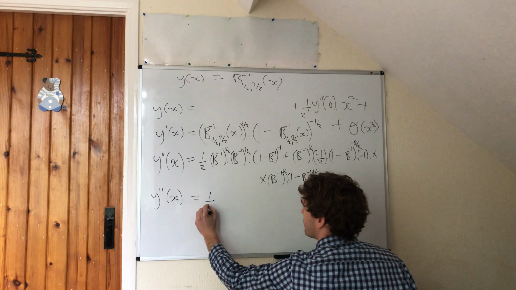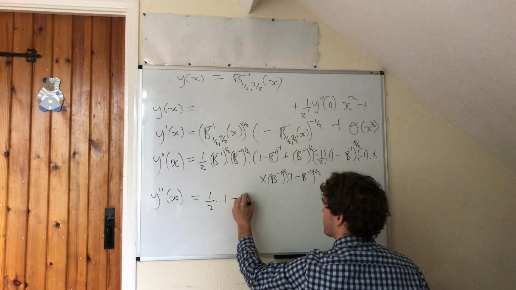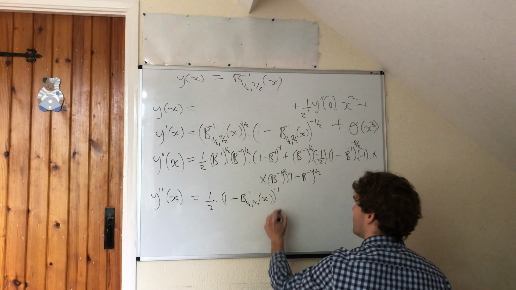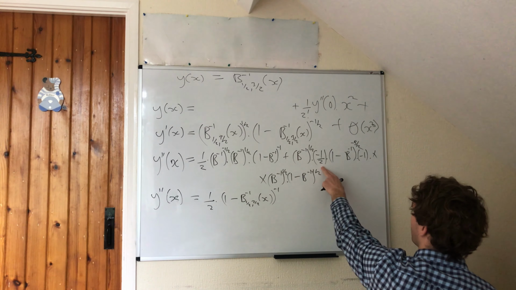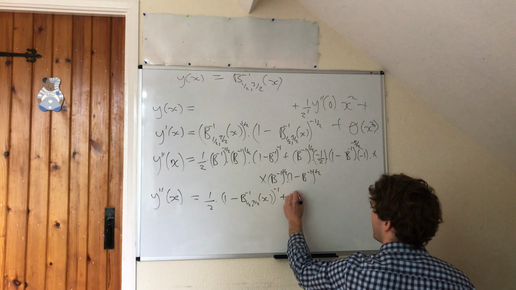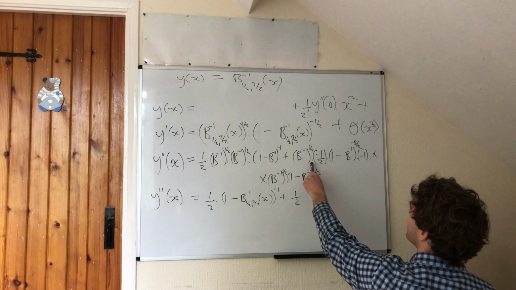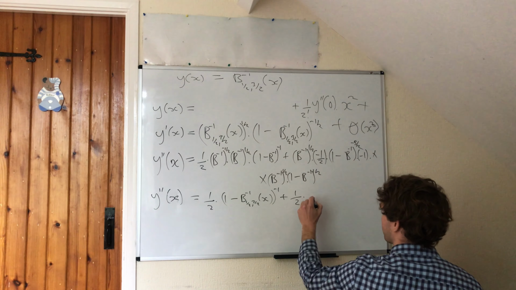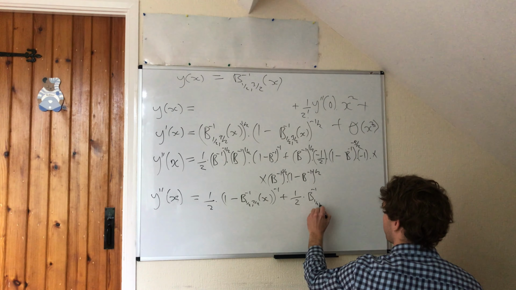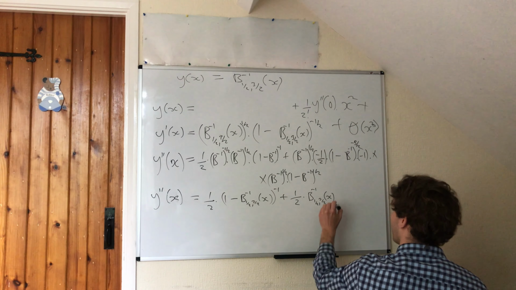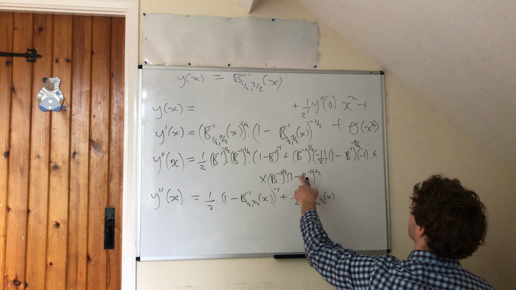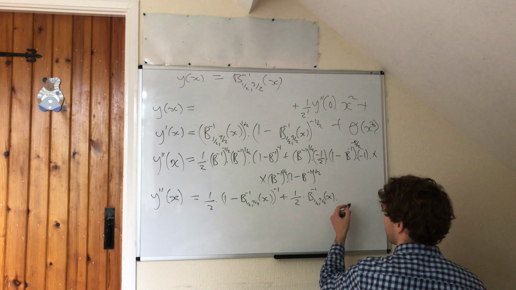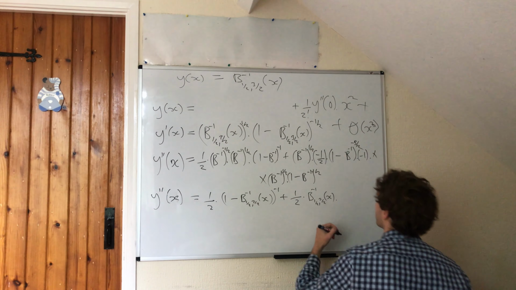That gives you a half, 1 minus inverse incomplete beta function half 3 over 2 of x to the power of minus 1. And then here we have a minus half times minus 1, so that gives you plus a half, times, well, we have an inverse incomplete beta function to the half times to the half, which gives to the power of 1, so that's just inverse incomplete beta function half 3 over 2 to the power of 1, multiplied by this thing to the power of a half times this thing to the minus 3 over 2, which gives the same thing to the power of minus 1.